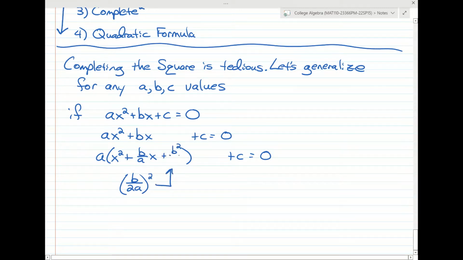So b squared over 4a squared. After that, we multiply it by a and then subtract. So we're going to be subtracting b squared over 4a. A times b squared over 4a squared would cancel out with one of the a's on the bottom.